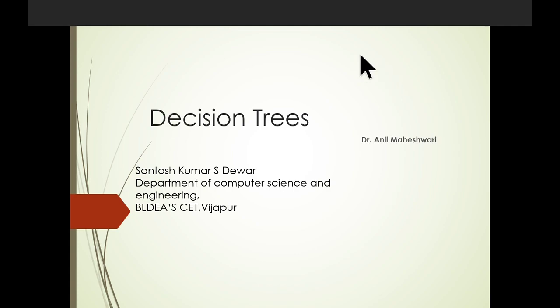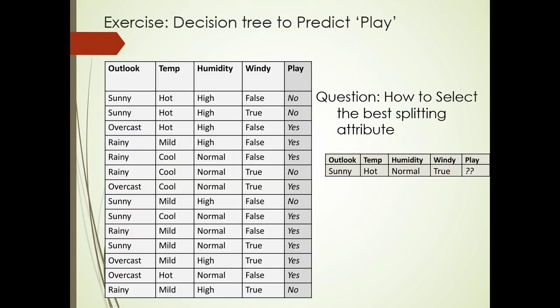So today we will discuss the exercise based on decision tree, and here we will try to predict whether play is going to happen for a soccer game based on certain input. For example, here we are trying to predict the play based on certain weather conditions.